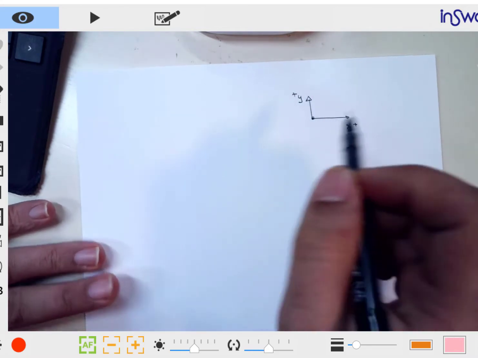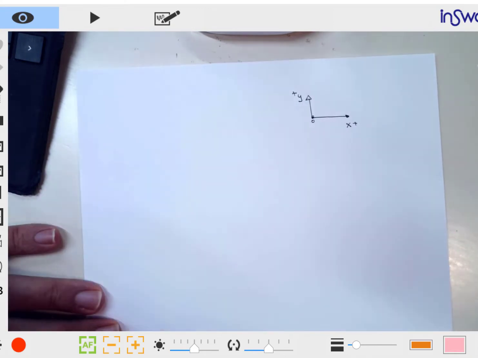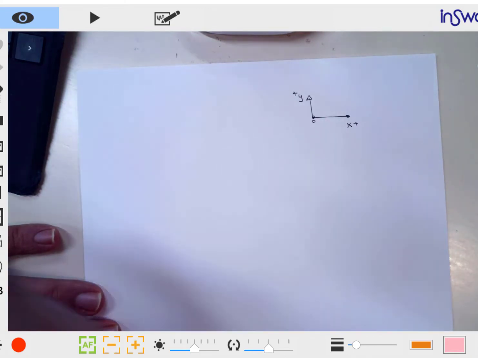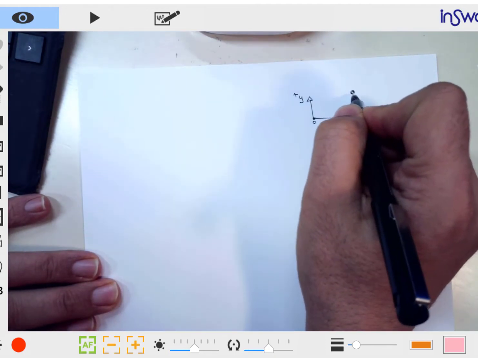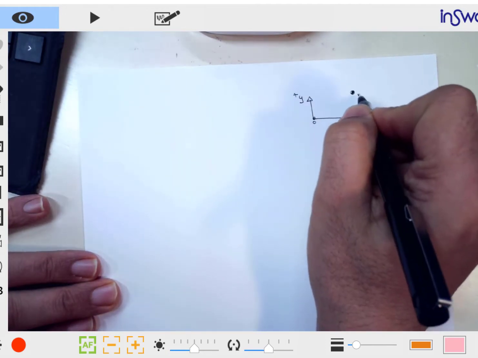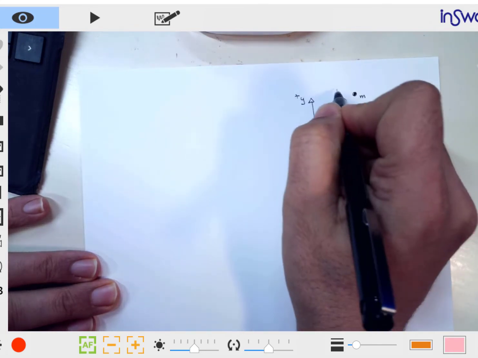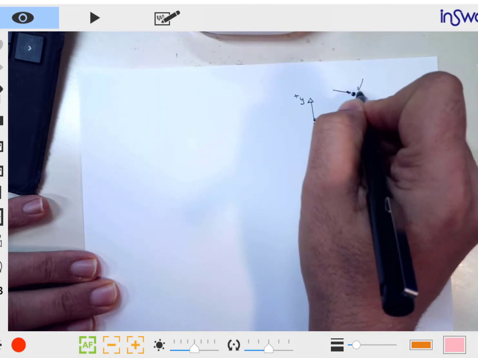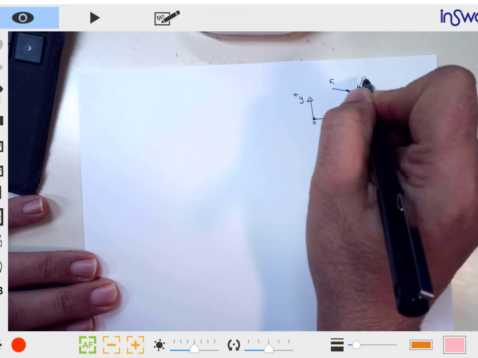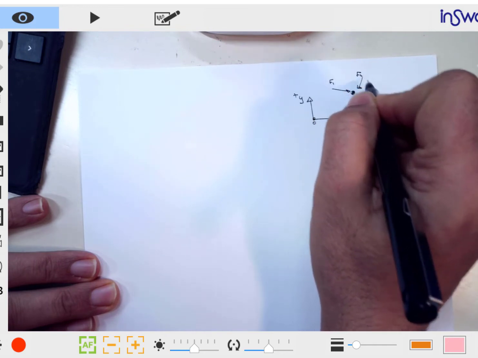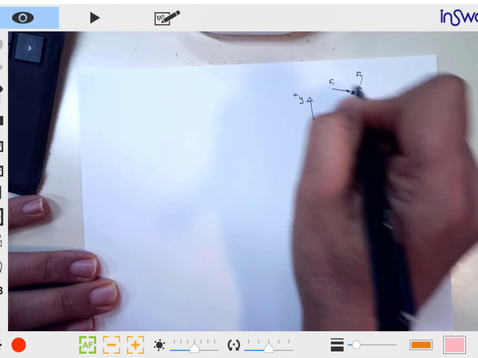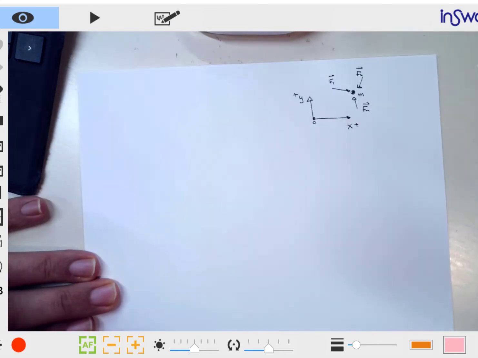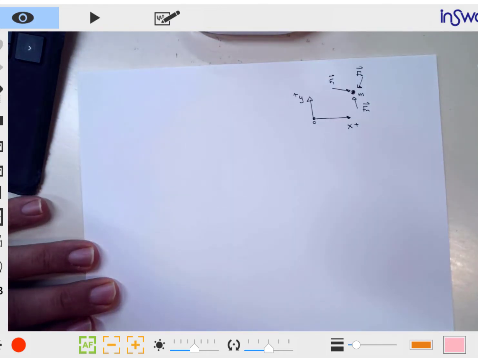But let's say this is my coordinate system, a fixed reference frame, and suppose we have a particle that has a mass, and this mass has different forces acting on it, from F1, F2, to Fn, and each one has a direction.